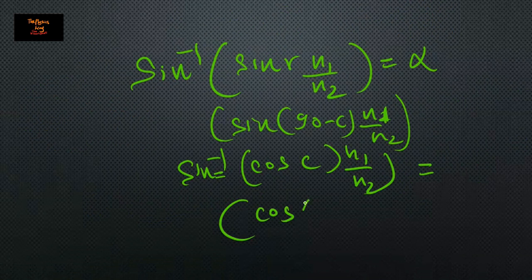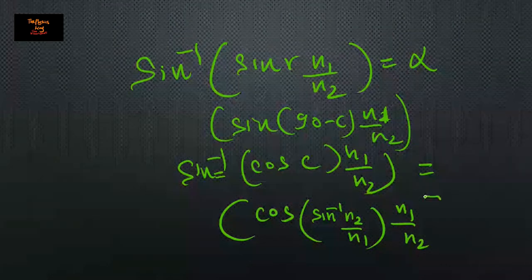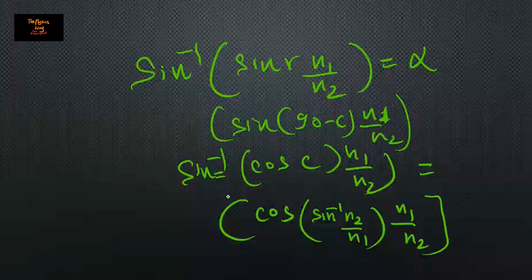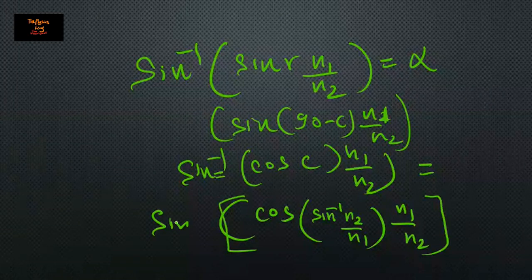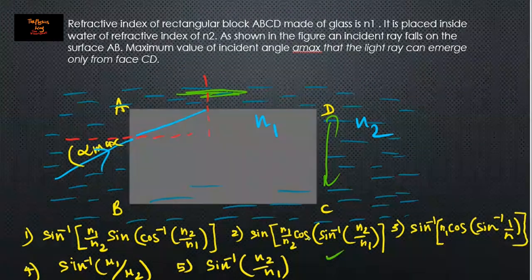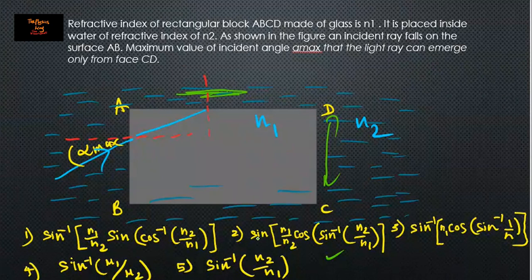A complicated answer, so let's check the answers. In the second answer, sine inverse of N1 over N2 is here, cos of sine inverse N2 over N1, so this is the answer. The second one is the answer.